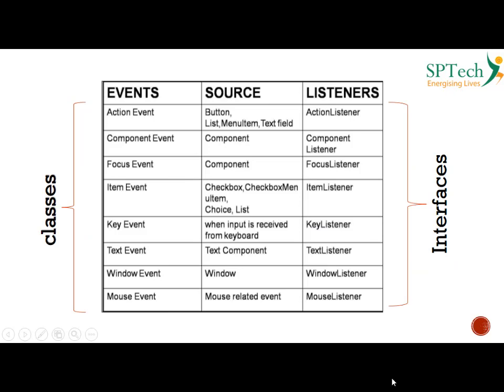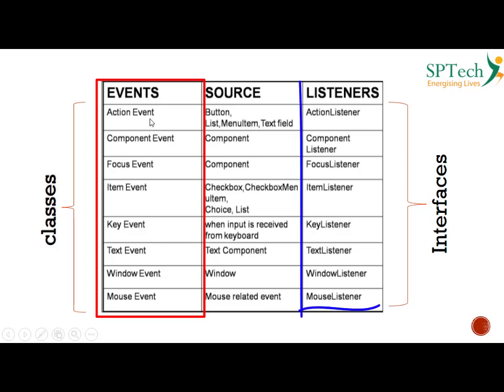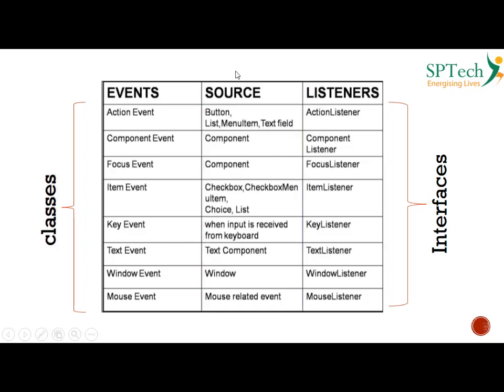Now have a look at this table. You have three columns here: events, source and listeners. What you see on the extreme left are all classes, and what you see on the right are all interfaces. Now you have an ActionEvent class. This ActionEvent class will have objects which are generated by sources like button, list, menu item, text fields.